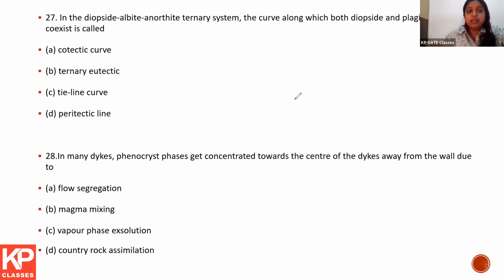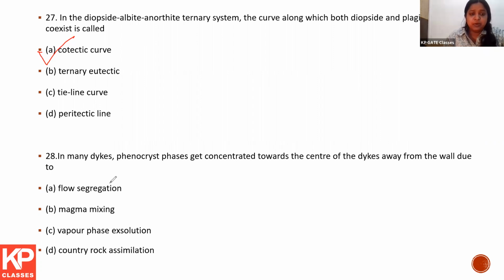Question number 27. In the diopside-albite-anorthite ternary system, the curve along which both diopside and plagioclase can coexist is the cotectic curve. This is also a very direct question from the ternary systems of igneous petrology, one of the basics of the diopside-albite-anorthite ternary system.